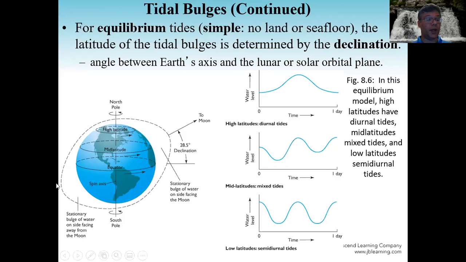Some of one bulge, some of the other, but noticeably different amounts. If you're getting about equal from both bulges, that would give us the more semi-diurnal pattern. So we've got a bit of an idea as to why these different patterns in the tides are happening.